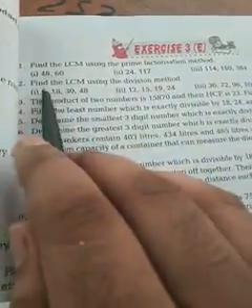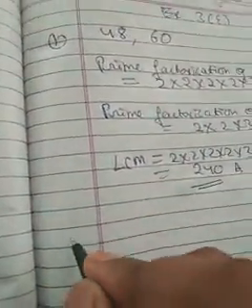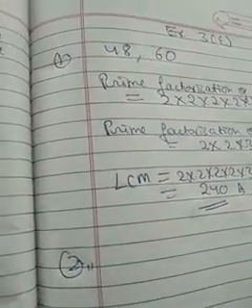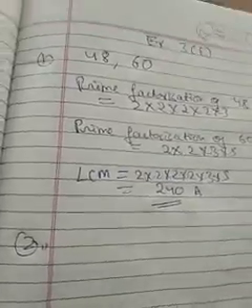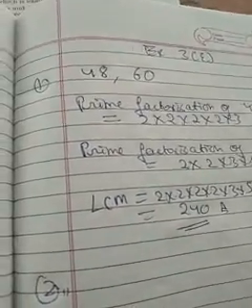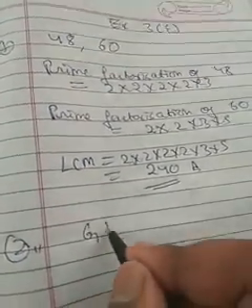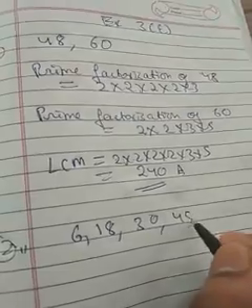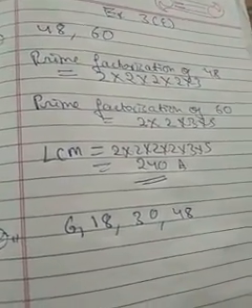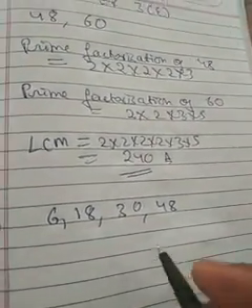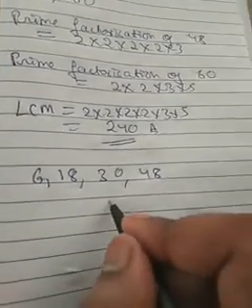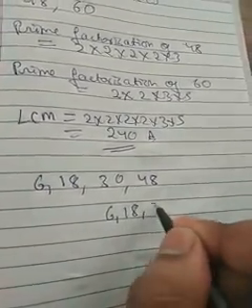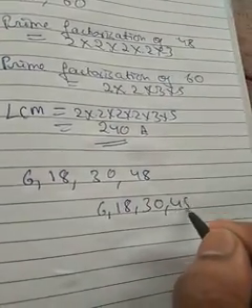Now question number 2, find the LCM using the division method. Question number 2, first part. We have to find the LCM of the numbers 6, 18, 30 and 48 by the division method. So we will divide 6, 18, 30, 48.